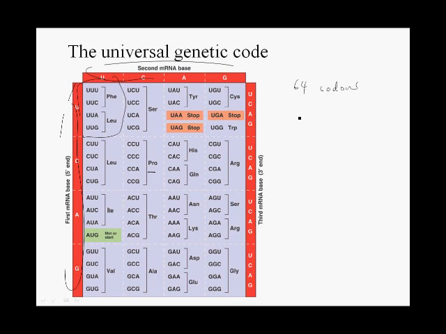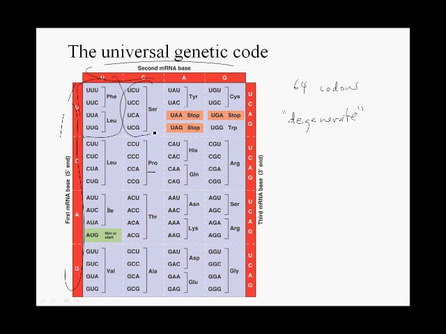I also want to point out that this code is what we call degenerate. What that means is that there are only 20 amino acids and 64 codons, so for most of these amino acids, more than 1 codon is possible.